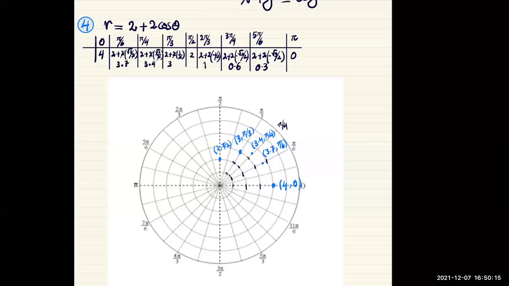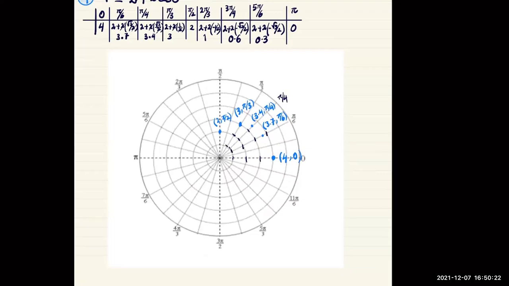All right. So far, if you connect these points, we get something like this. What is happening is that the distance from the pole to the points on the polar graph gets smaller and smaller as you're approaching pi over 2.